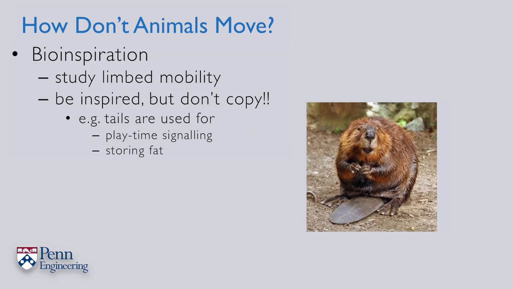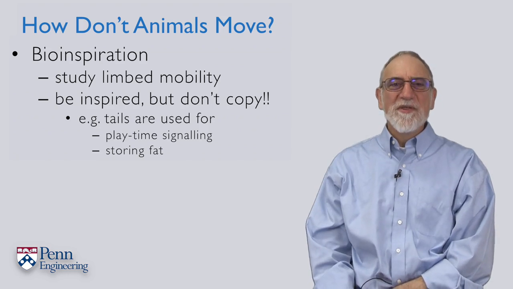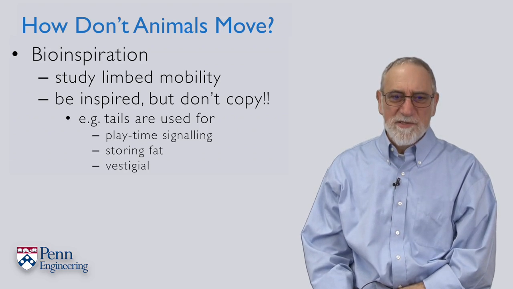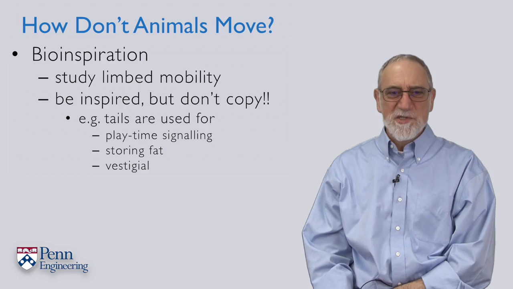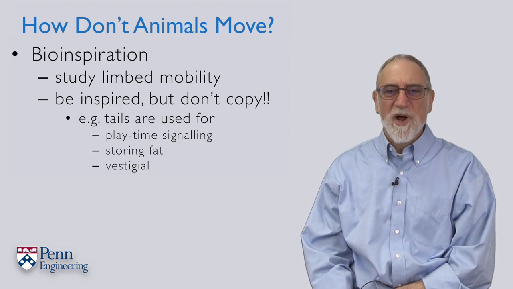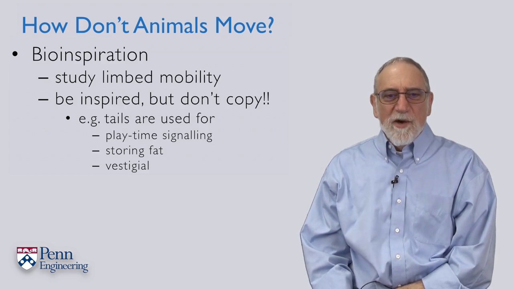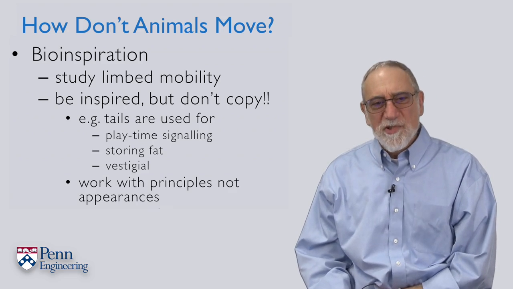We probably don't want to store fat in our robots, and we probably will be very careful about how we use insights from the beaver tail in building our robots. And then there are all the many animals, such as pigs or humans, that have vestigial tails. Do we really want to build a vestigial tail on our robots? Probably not. We would like to work with principles and not appearances.